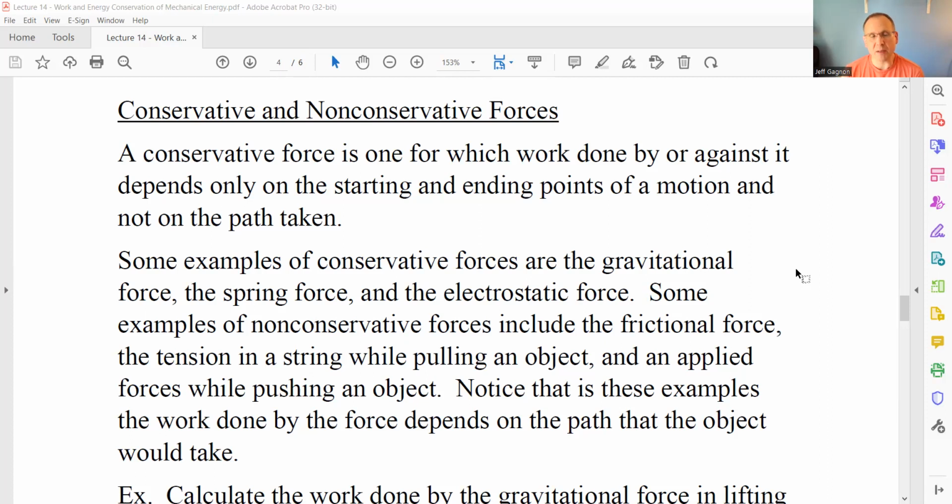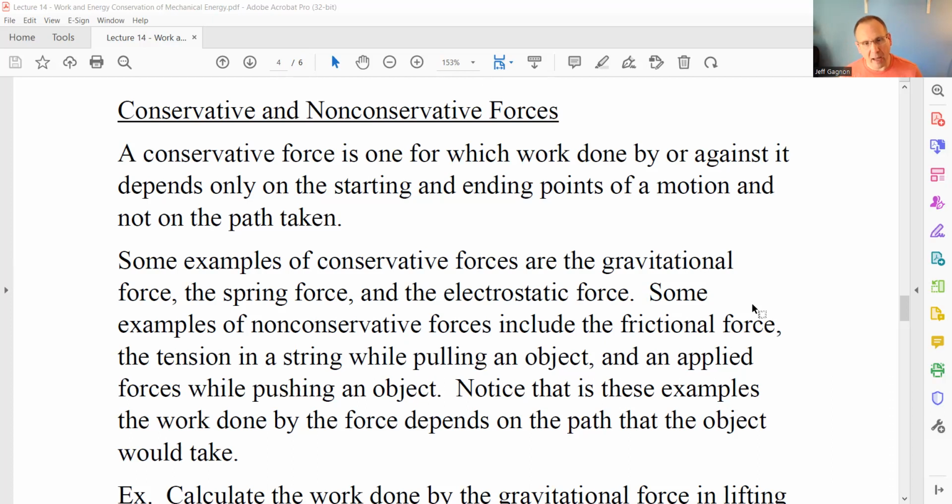Now, what are some examples of non-conservative forces that do depend on the path that's taken? Well, certainly the frictional force would. If you were to take a box and drag it from one point to another point, you could drag it straight to the other point. You could drag it in a curvy motion, and that's going to require a lot more work. It's going to do a lot more negative work. Same thing with the tension in a string, like when you're pulling an object.